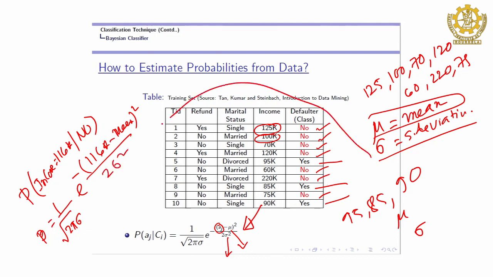Here a_j is the specific value, that is 116k, sigma you get from here and mu you get from here. Whatever value comes is the probability for 116k.